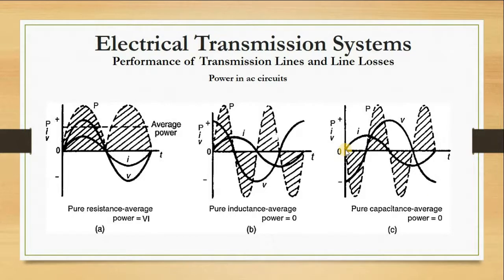Here the current starts at 0 and covers 90 degrees, but the voltage, if you extend this, would have been negative. It means that it has not even gotten to the 0 line yet. Before it gets to the 0 line to even start, the current would have covered 90 degrees. So we can see the voltage lagging the current in the capacitive circuit.